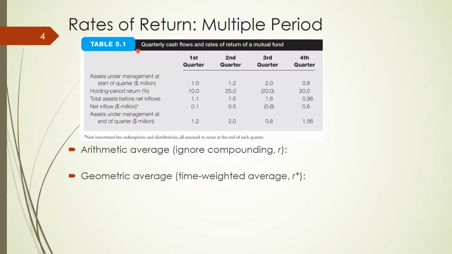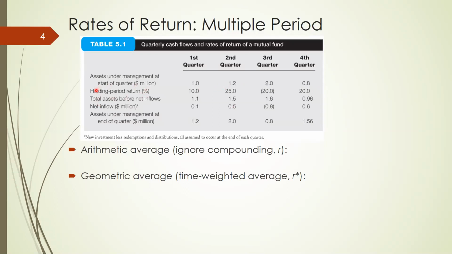Let's look at the rate of return for a mutual fund. In this case, we'll understand how to calculate the average return using different measures. This mutual fund's return is shown for the first to the fourth quarter, along with the asset under management that's changing over time.